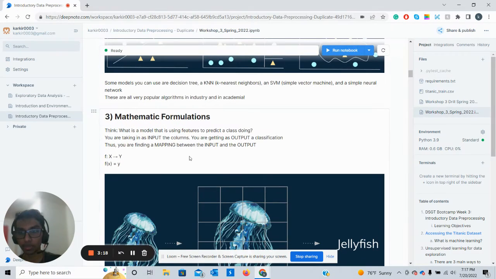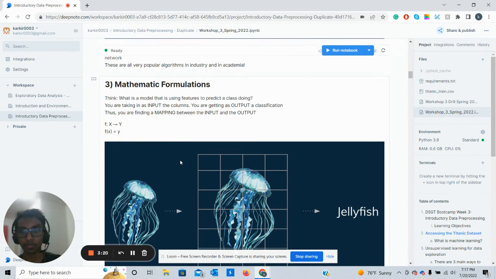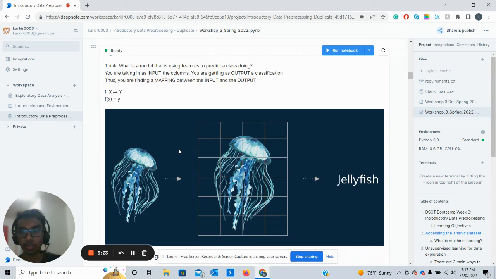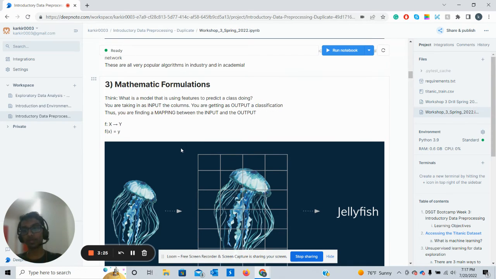The third way of conceptualizing machine learning models is through mathematical formulations. The way to think about this is that you have a data set, and we have something called features, and we want to predict a class. We're taking features as our input, and in the case of classification, we're getting a label as output.